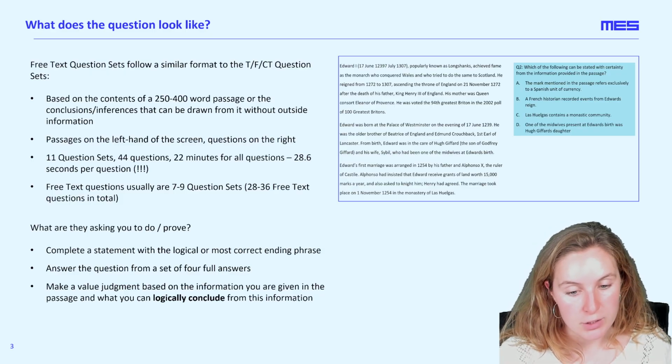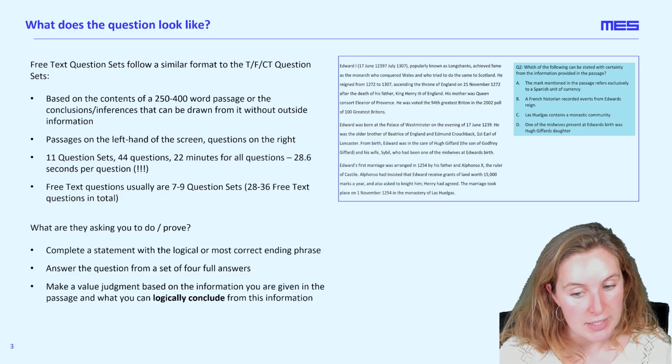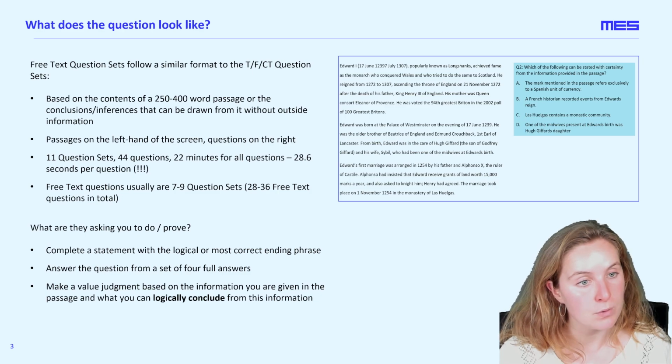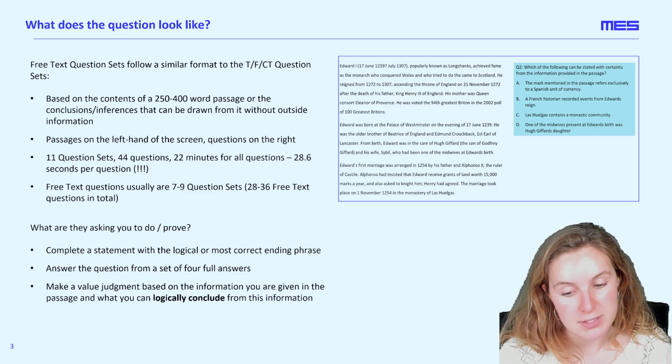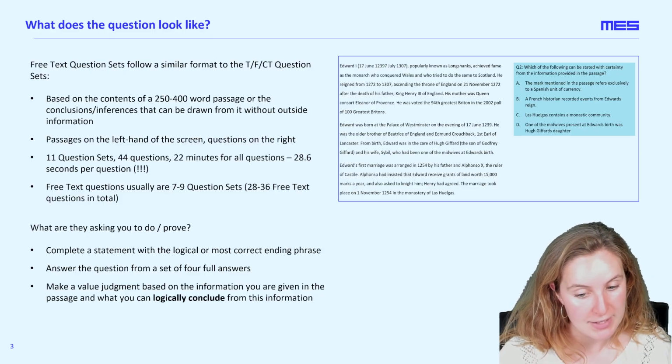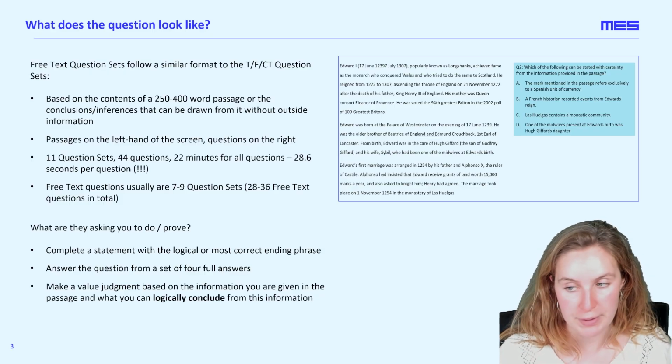They will be asking you to complete a statement with the logical or most correct ending phrase, or answering a question from a set of 4 full answers. They will also be asking you to make a value judgment based on the information you're given in the passage and what you can logically conclude from this information.